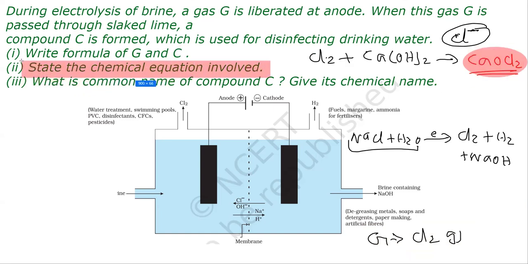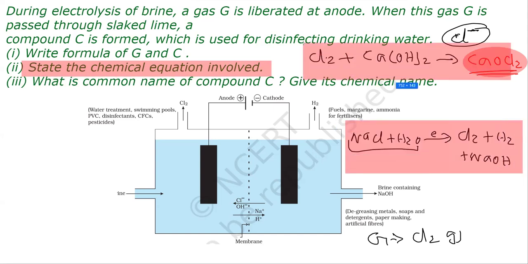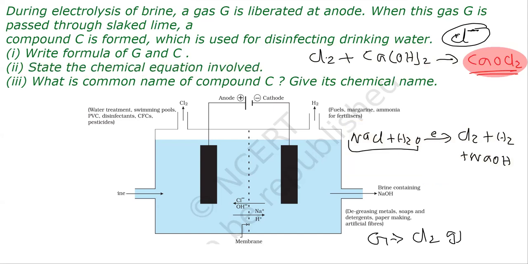State the chemical equation involved. Well, there are two chemical equations involved. One is this and the other is this. Now, are there more? Yes. What is the common name of the compound C? The common name of the compound C is bleaching powder, but its chemical name is calcium oxychloride. Yes, they have asked for the chemical name as well. So this is calcium oxychloride. I should write it.